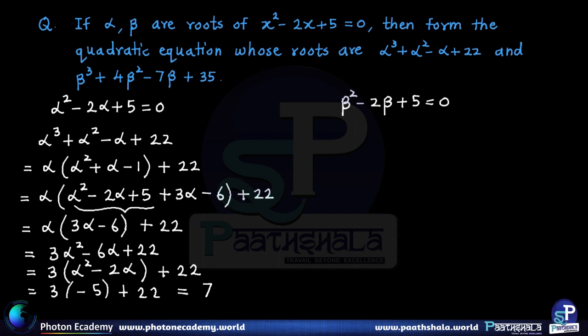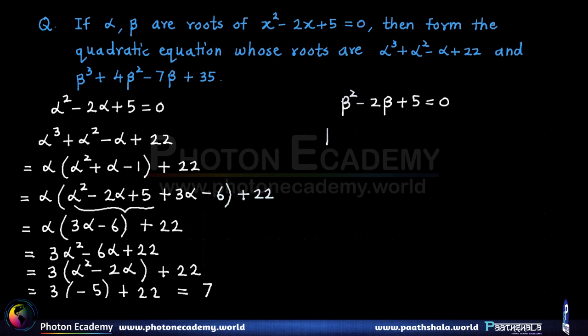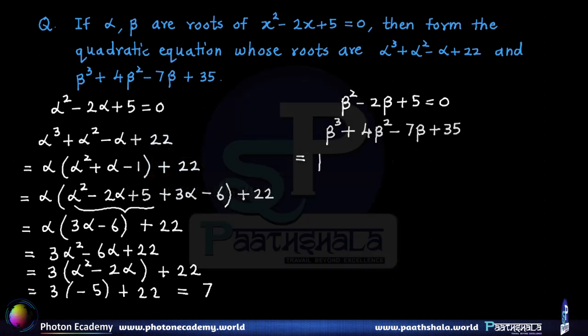So similarly, let's evaluate what happens to the second expression, that is beta cube plus 4 beta square minus 7 beta plus 35, which is equal to, once again taking beta common, beta into (beta square plus 4 beta minus 7) plus 35.